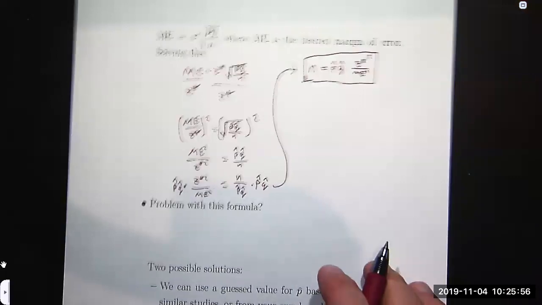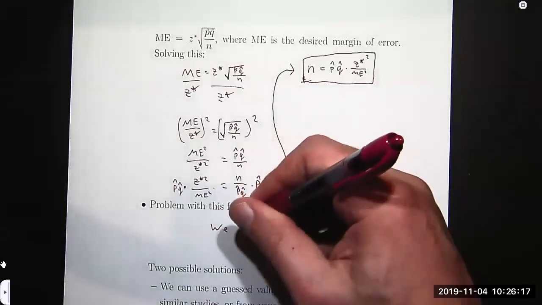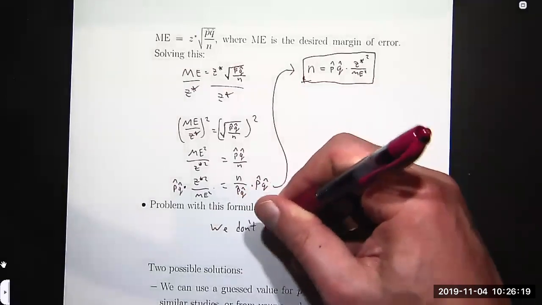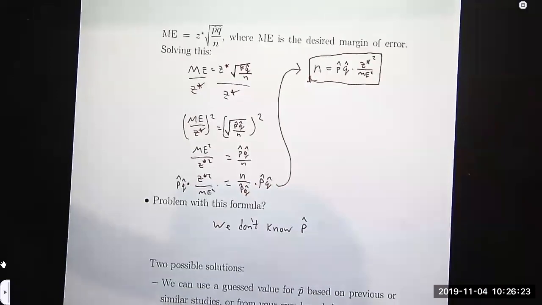Okay. So the problem with this formula is, what if we don't know what p hat q hat is? So if we look back on the other page, they didn't actually give us p hat or q hat. So the problem is we don't know p hat.